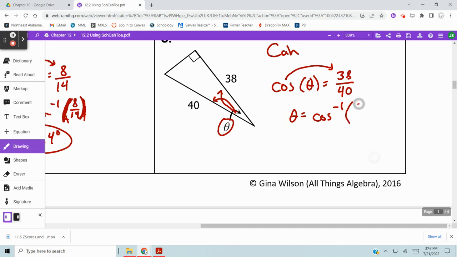We're going to find the inverse cosine of our 2 values there, 38 over 40. On our calculator, we'll use the second cosine button to type in our inverse cosine. Once we type in the inverse cosine of 38 over 40, we get 18.2 degrees. So our angle there is about 18 degrees.